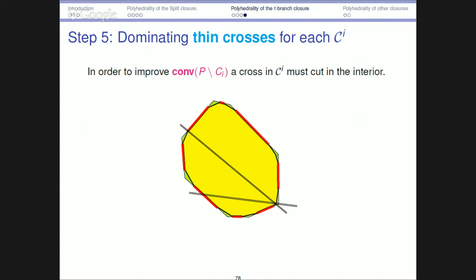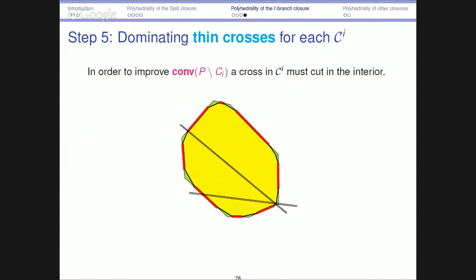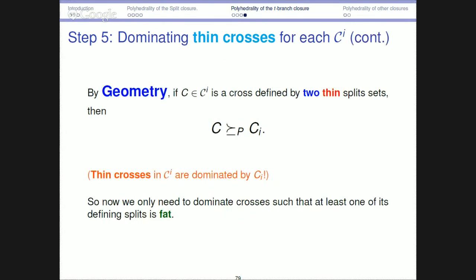Remember, this yellow set is now given by CI. So these two thin crosses, where both of the splits are thin, will not improve this approximation. So they are dominated by CI. Okay? So now the only crosses that we need to dominate are the ones that are fat. And fat means that at least one split is fat, as we saw before in the picture.